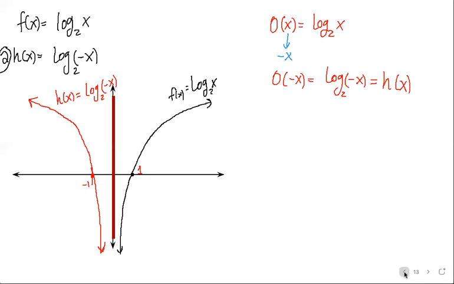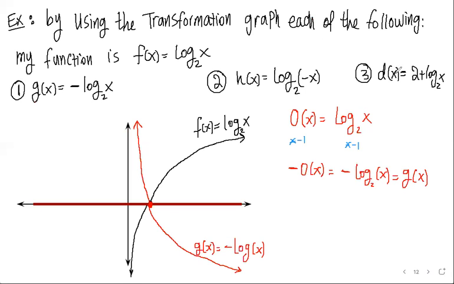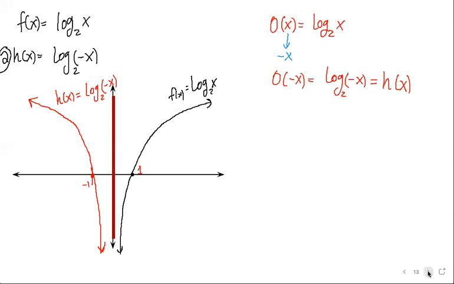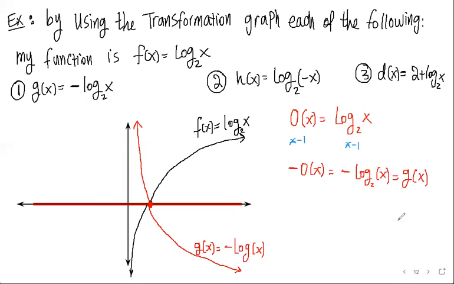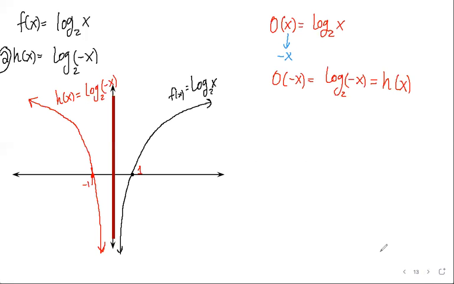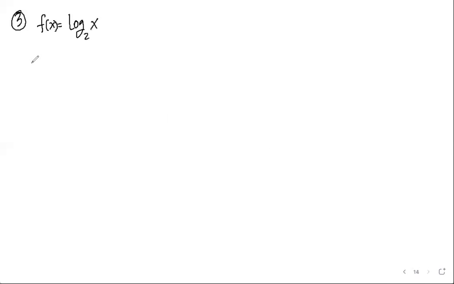Okay, so number 3. Graph d of x equal 2 plus logarithm. So again, my function f of x equal log x to the base 2. I need to graph d of x equal 2 plus log of x to the base 2.